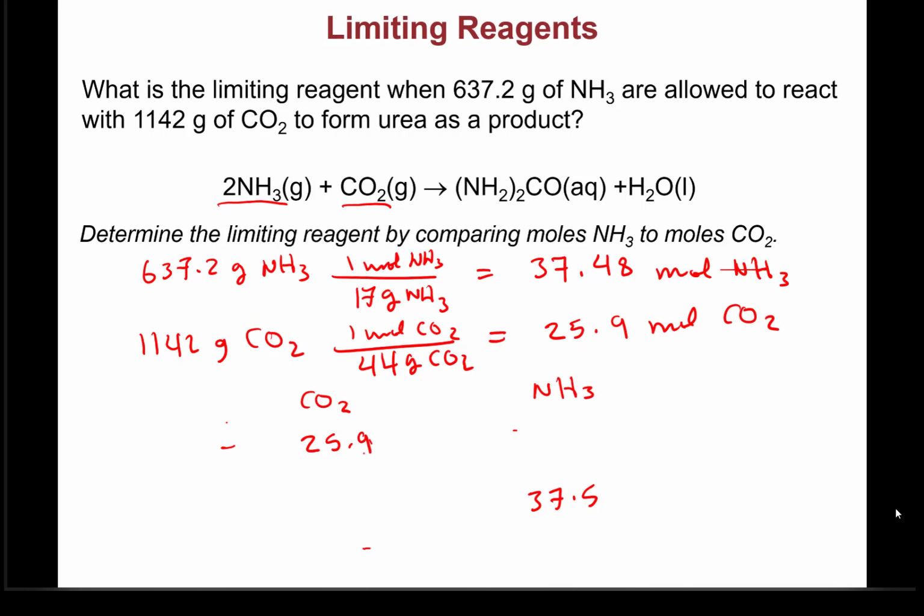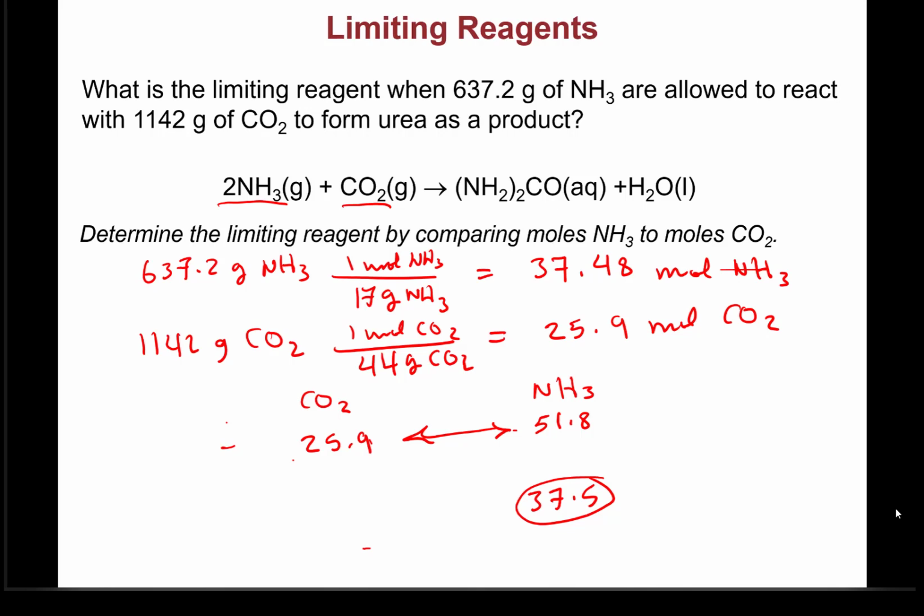If the 25.9 moles of carbon dioxide would have been to be completely consumed, we should have had 51.8 moles of ammonia to completely consume this, which apparently we don't have, right? So ammonia is less than what is needed to completely consume carbon dioxide. Ammonia is the limiting reagent.